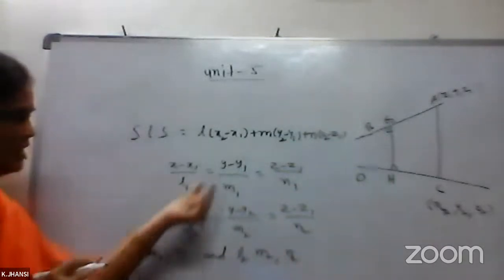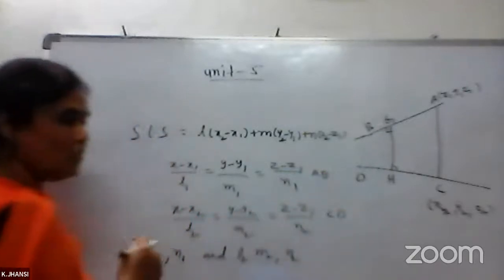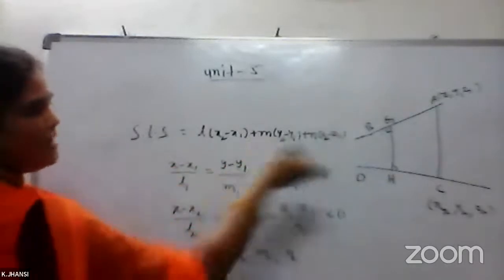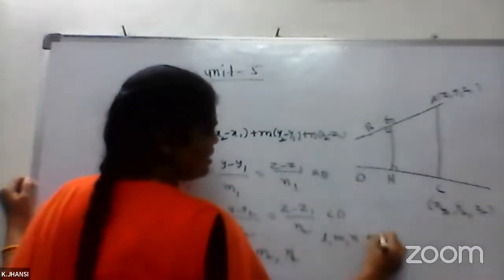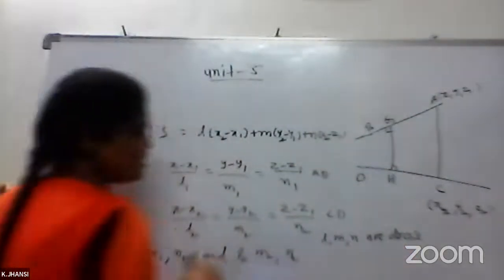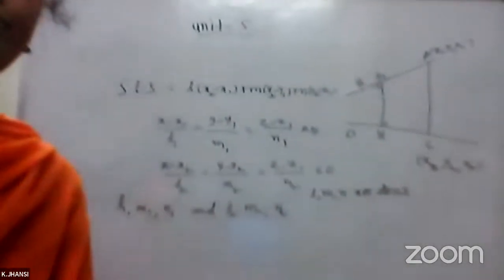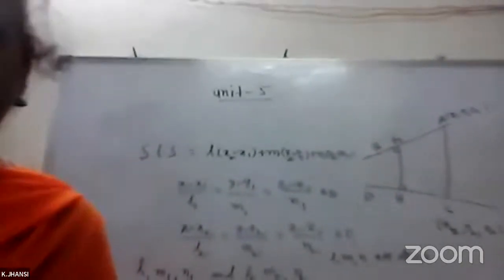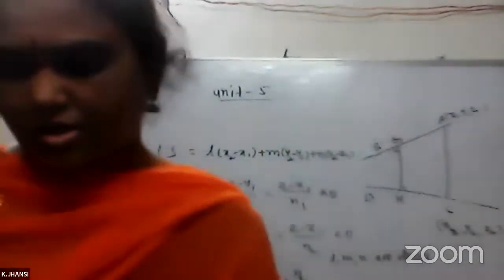So when this is the line AB and this is the line CD, and GH is perpendicular to AB and CD, we'll write the equation where l, m, n are direction cosines.